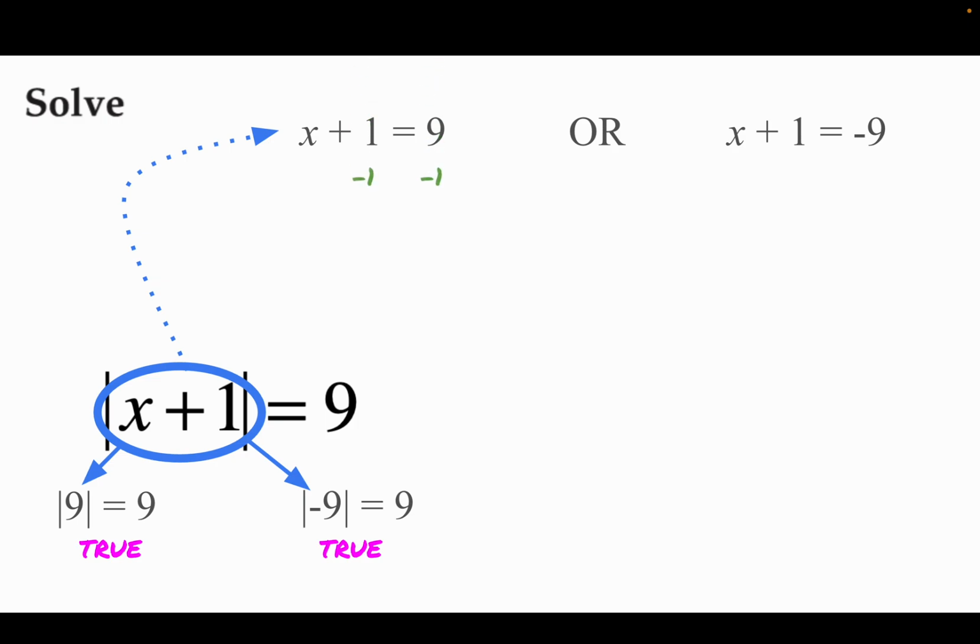So if I'm solving this equation, I'm going to take away 1 from each side. If I'm solving the other equation, I'm also going to be taking away 1 from each side. But it's going to give me two distinct solutions here. 9 minus 1 is 8, and negative 9 minus 1 is negative 10. So we still got two solutions, but it wasn't just a positive version and a negative version of the same number.